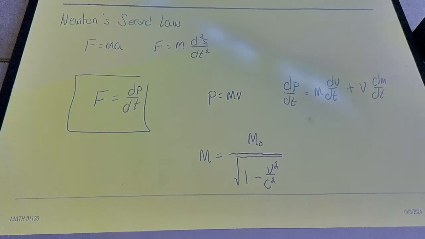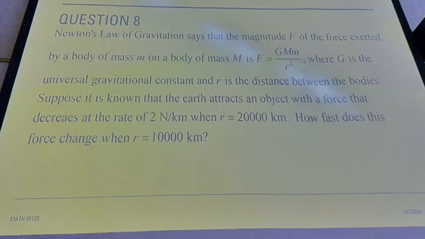Next one I want to do actually has to do with Newton again. Newton's law of gravity states that the magnitude F of the force exerted by a body of mass m on a body of mass big M is given by G times big M times little m over R squared.